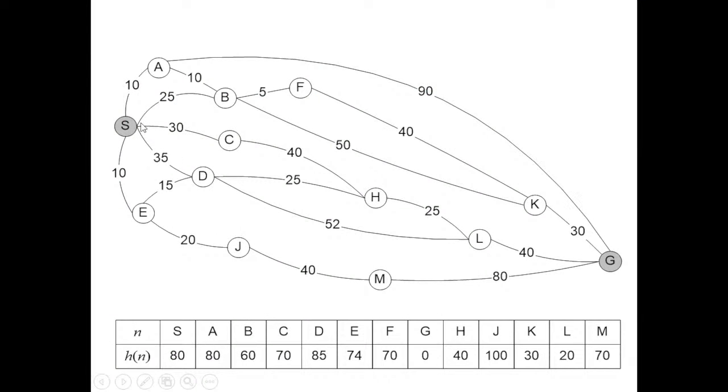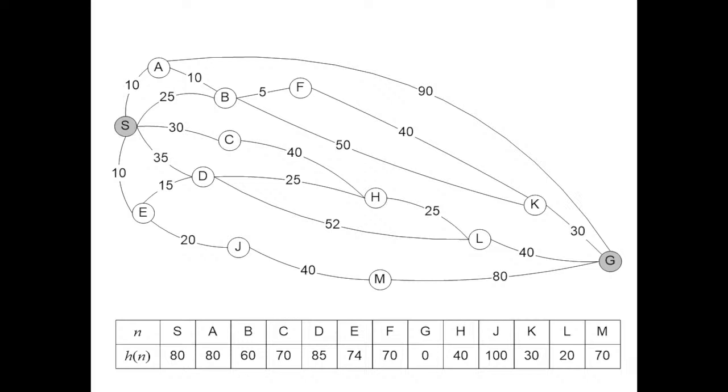For example, when we iterate this map using the greedy BFS, coming from S, we use only this heuristic. The heuristic from S, approximately going to the goal, is around 80. From A, it also needs around 80. From B, approximately around 60, and so on.